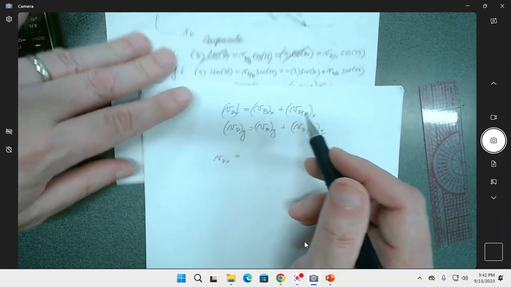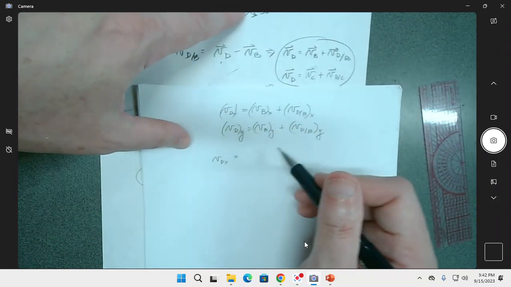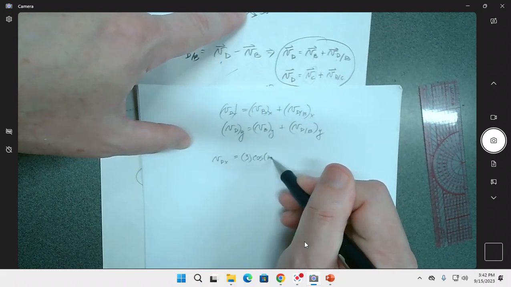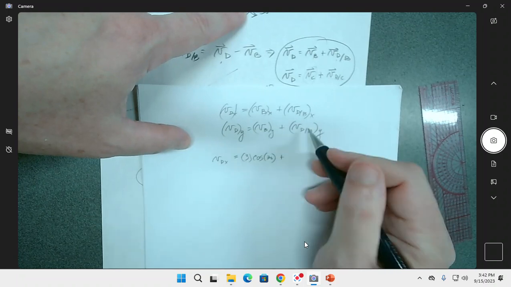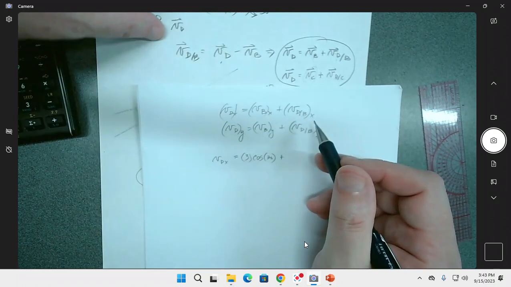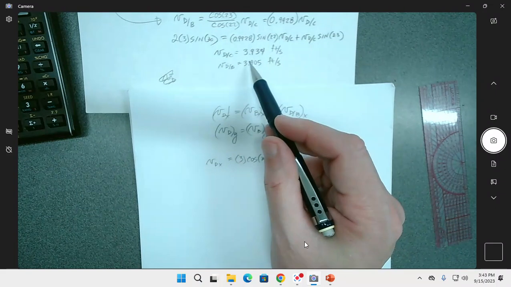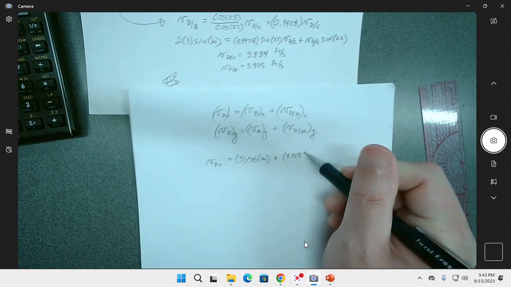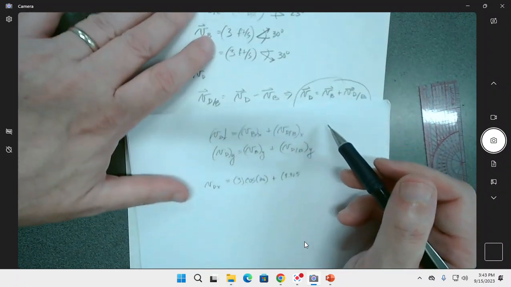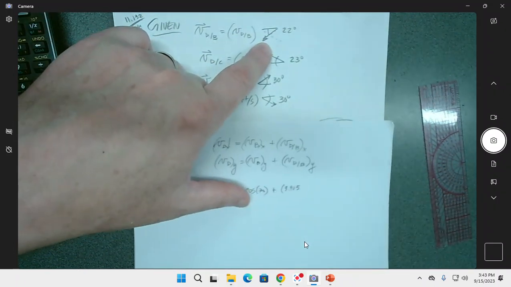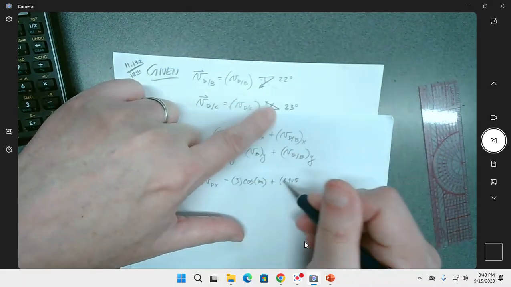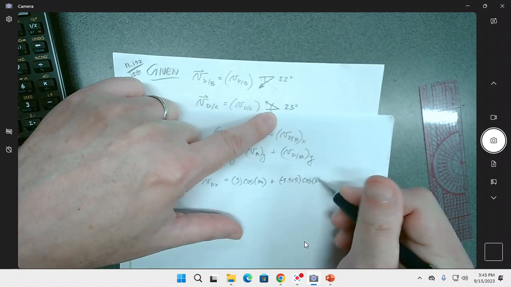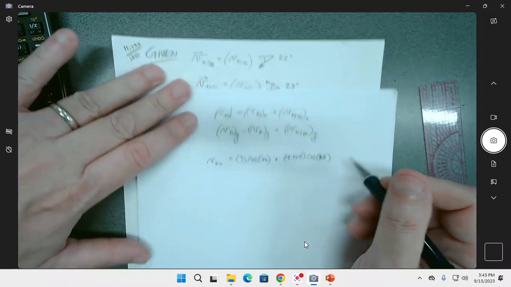VBx is going to be 3 times the cosine of 30 plus VD with respect to B, 3.905, that's going to be negative, times the cosine of 22, right?